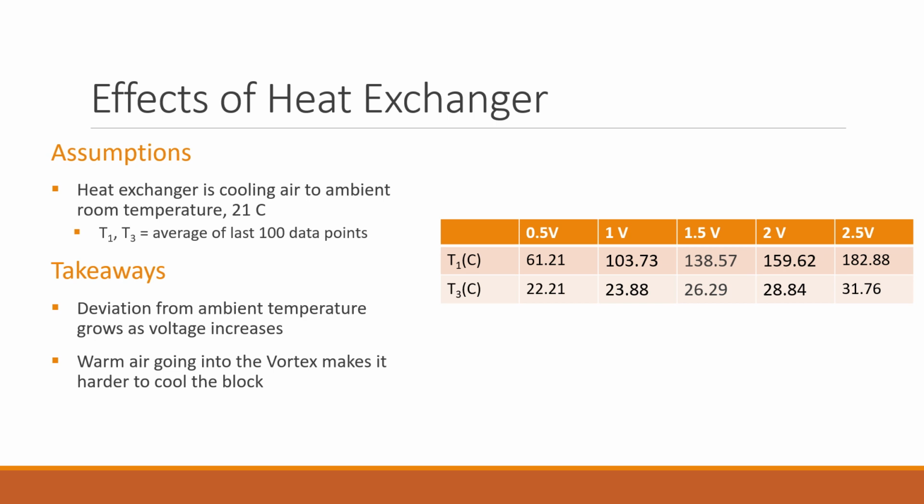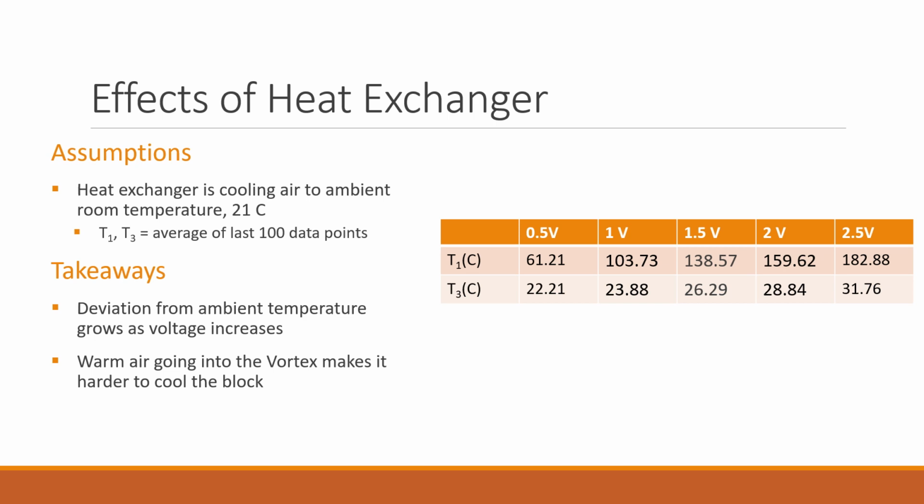So when examining the experimental effects of the heat exchanger, we were working under the assumption that the heat exchanger is cooling the air to an ambient room temperature, which at the time was 21 degrees Celsius. On the right, we have a table dictating temperatures taken at two positions, and these are the average of the last 100 data points as the system was in steady state.